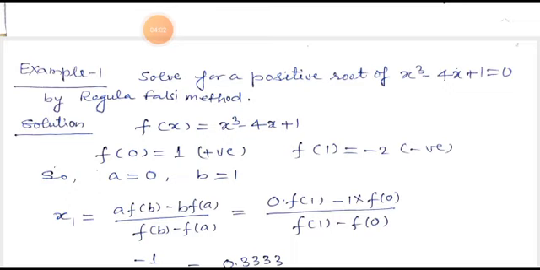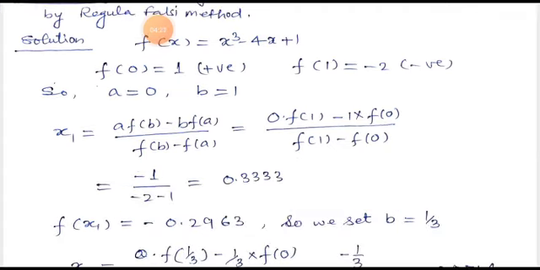It is because when we put x equal to 0, it gives a positive value, and when we put x equal to 1, the value will be negative. So the root lies in between these two values. So x1 is equal to (a f(b) minus b f(a)) upon (f(b) minus f(a)).